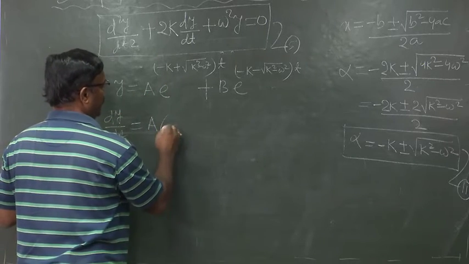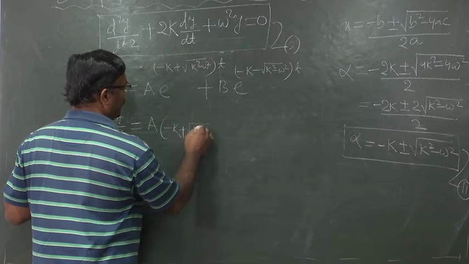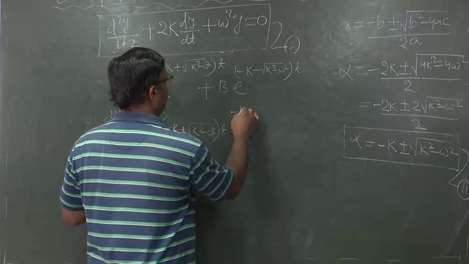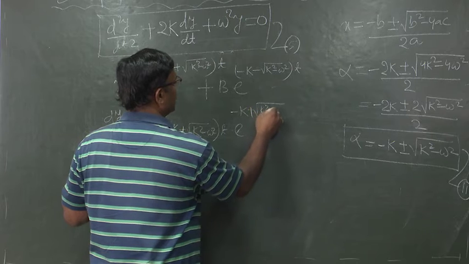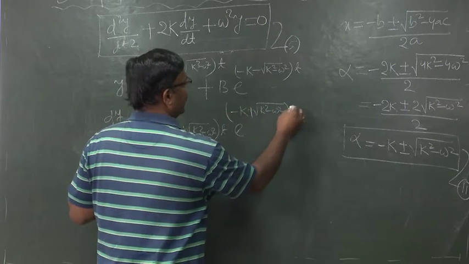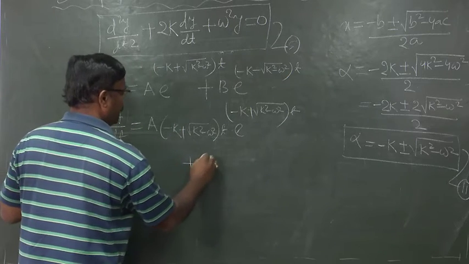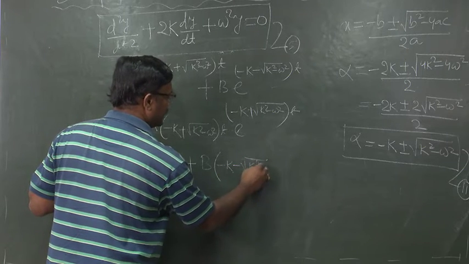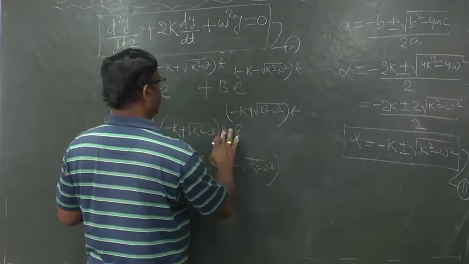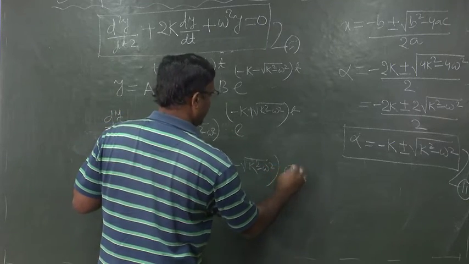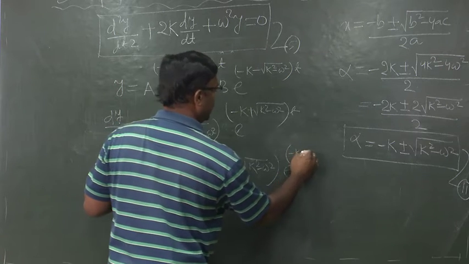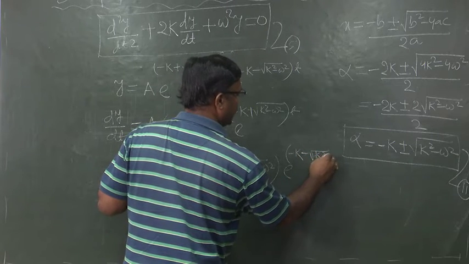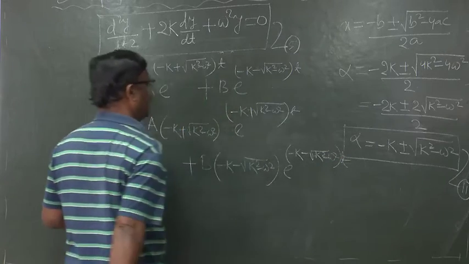A into minus k plus root over of k square minus omega square into e to the power minus k plus root over of k square minus omega square into t, plus b into minus k minus root over of k square minus omega square, into e to the power minus k minus root over of k square minus omega square whole into t.